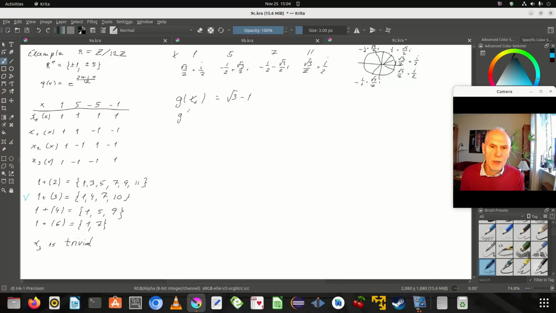And g of chi1 equals, so those two added and those two subtracted. Those two added minus those two. So that means the real numbers vanish. And that gives i.